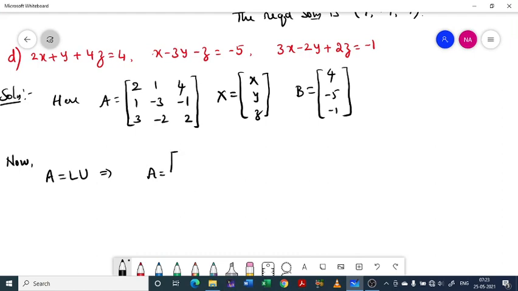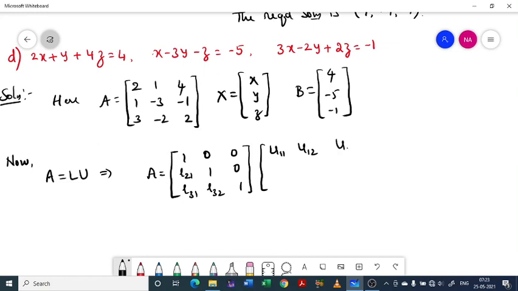L is [1 0 0; L21 1 0; L31 L32 1] into U equal to [U11 U12 U13; 0 U22 U23; 0 0 U33], right?